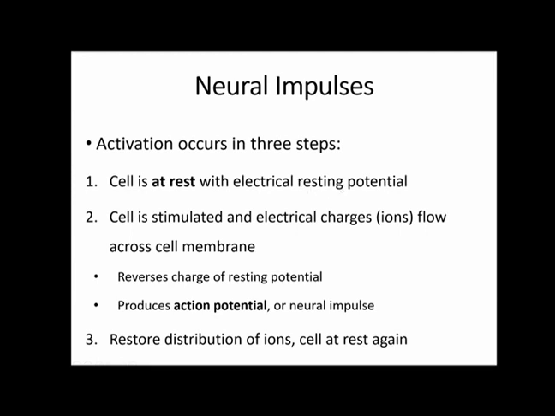The cell membrane is keeping everything separate, so there's this potential for the electrical charges to move, but when the cell is at rest, the electrical charges are stuck where they are. So step one is that nothing is happening. We're at this state of rest.